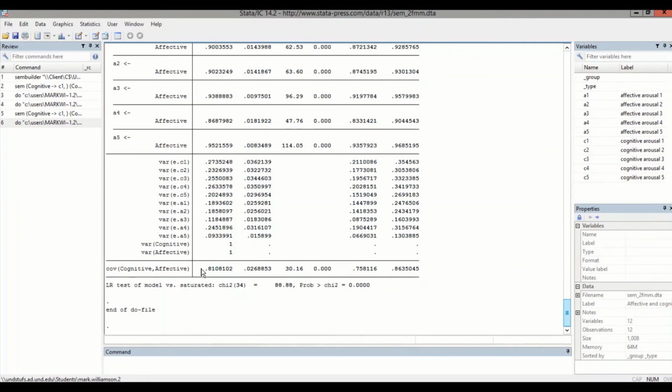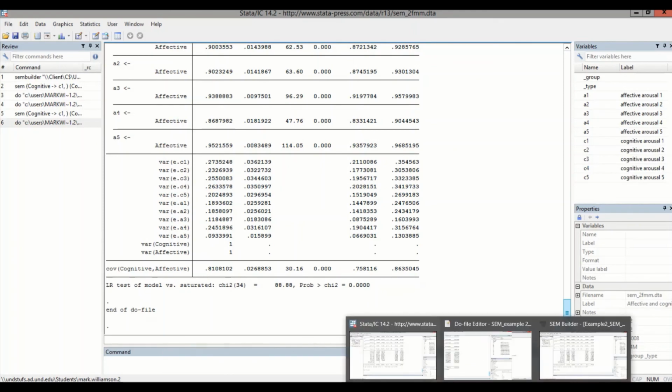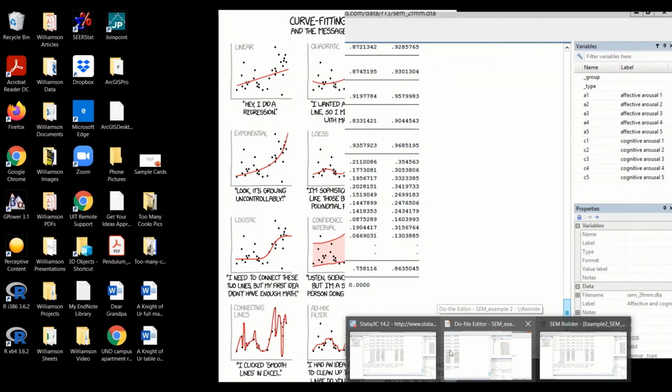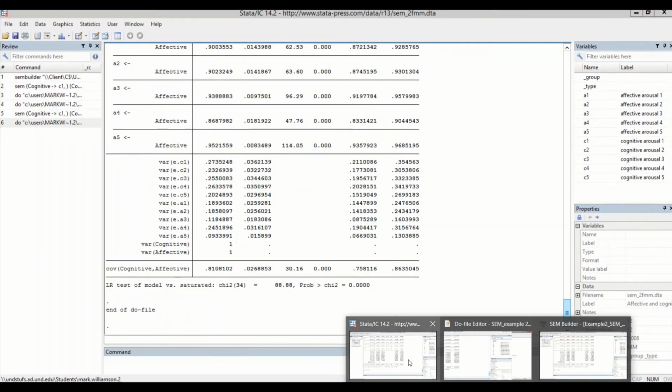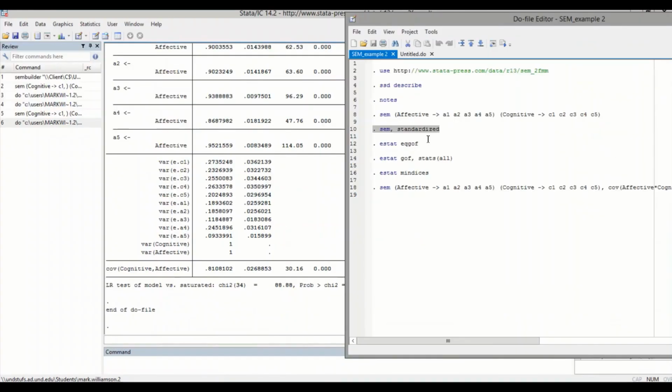But it's usually better with correlation to also get R squared. Instead of doing that manually, we can let our data do that. So we can use this estat qgof.